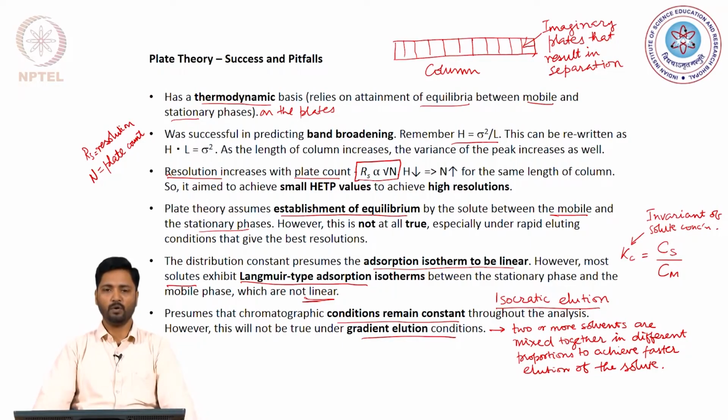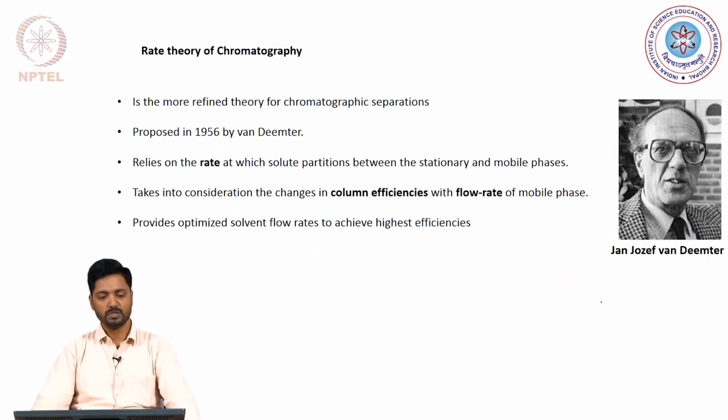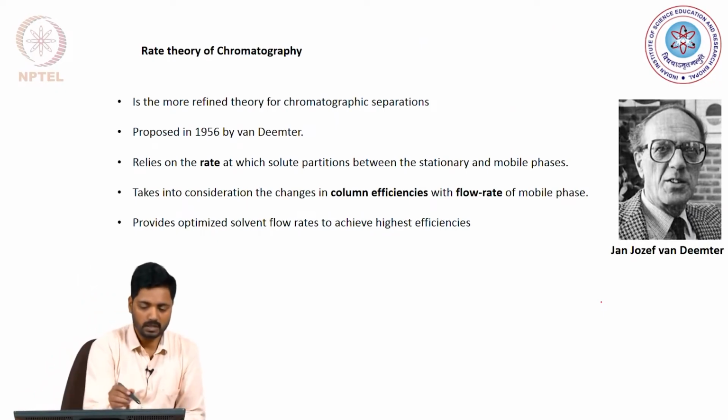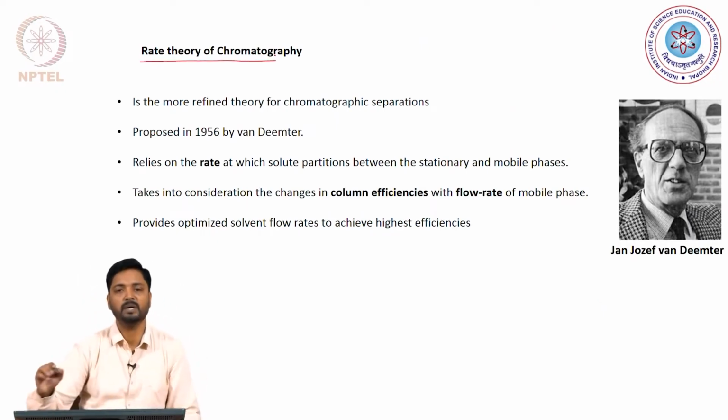So, what we observed was that the plate theory, which was the initial theory, had some success, but it also had its own share of pitfalls or drawbacks, which required proposing other theories that would be able to explain the chromatographic separations in a better way. So, this brought us to the rate theory of chromatography.